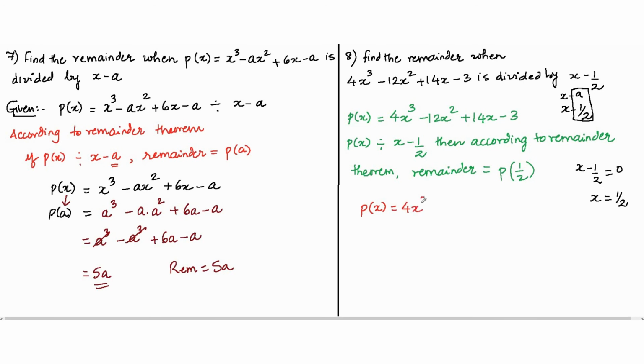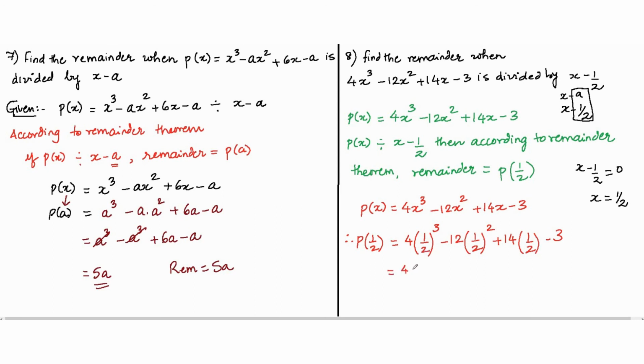I know that p of x equals 4x cube minus 12x square plus 14x minus 3, and therefore the value of p of half is going to be 4 times half cube, half the whole cube, minus 12 times half the whole square, plus 14 times half minus 3.